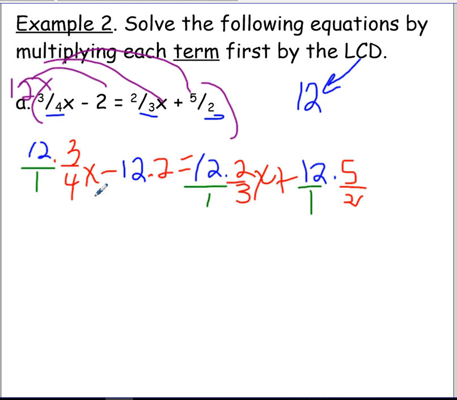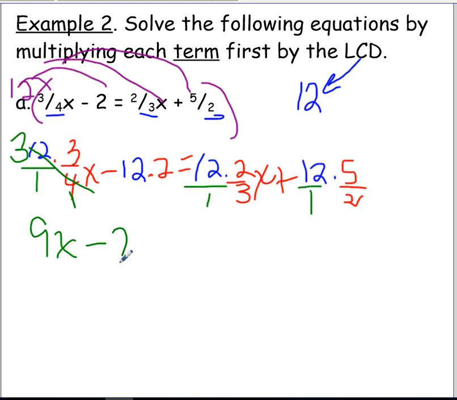And what I do is just say 4 goes into 12 3 times. You're always going to be able to divide because that's why we picked the number 12. And then we're left with 3 times 3, because again, that 4 disappeared. Now we divided it, and technically 4 divided by 4 became 1. And anything over 1, we don't have to write the denominator. So we're left with 3 times 3 for 9 as our coefficient of x.